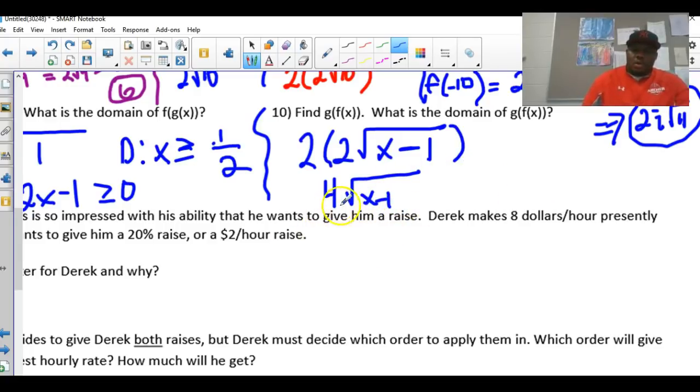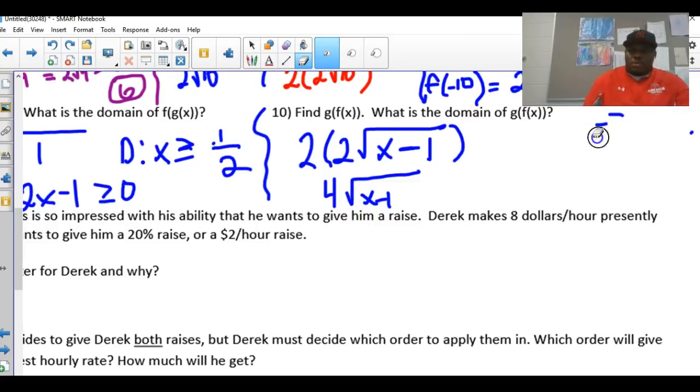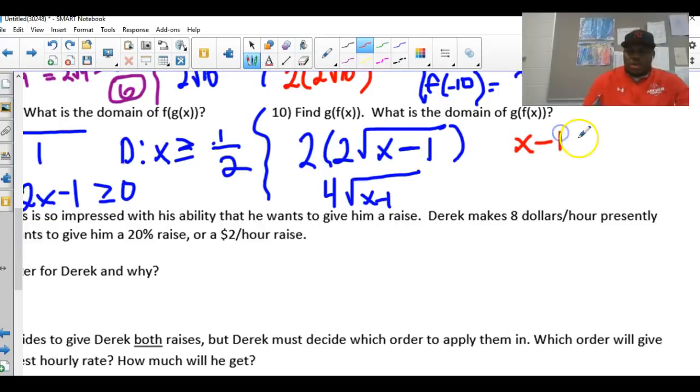Again, it's a radical. The smallest square root possible is 0. All right, so again, I'm going to take what's underneath the radical, set it greater than or equal to 0, add 1. So for the domain, I get x is greater than or equal to 1. That's your domain. All right. Okay.